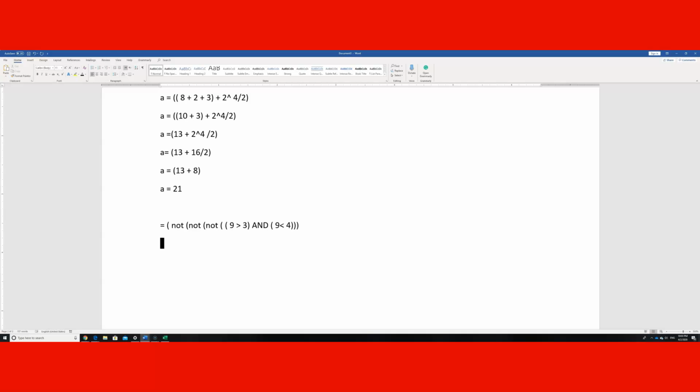First of all, we have to look at the most inner parentheses here and take a look at that operation. Notice that 9 is greater than 3. That's true. And 9 is less than 4. That's false. So true and false is false. So now we have not, false.